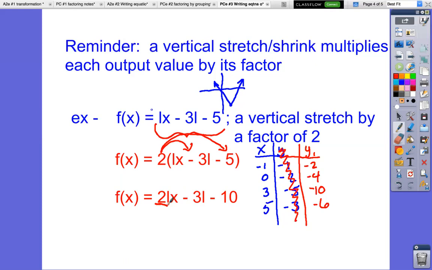That's it. And people will say, I don't get it still. Well, I want you to understand that from the original parent function, it has been transformed and stretched. So all of those outputs are being multiplied by the factor of 2. Does that make sense?